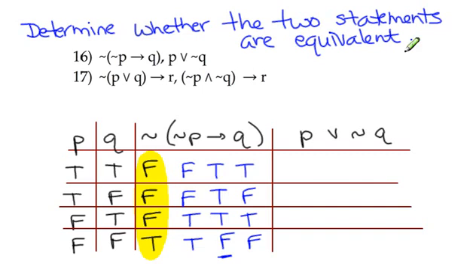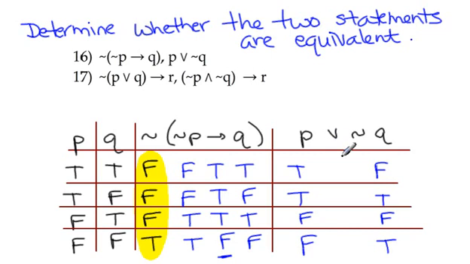Okay, if we go to the other statement, I'd copy down the P column of true, true, false, false. Negation of Q, so we'll take the opposite truth value from what's listed for Q, and that would be false, true, false, true.